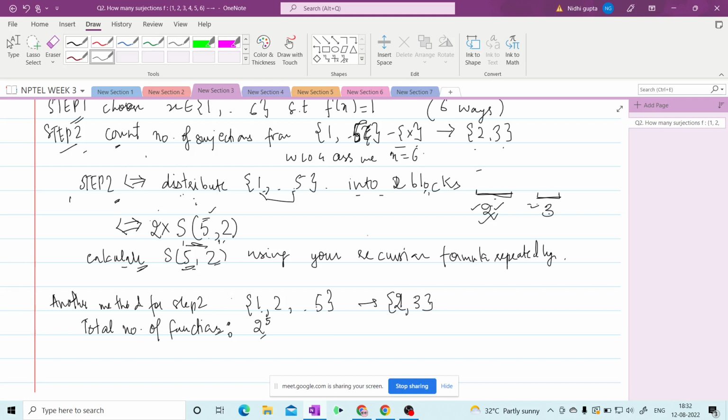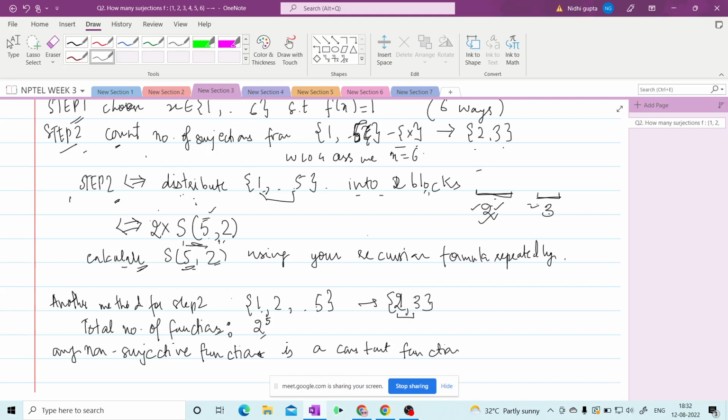But we have to calculate the surjective functions, so we use the principle of subtraction. It is easy to count non-surjective functions. Since in the codomain we have two objects, any non-surjective function is a constant function.